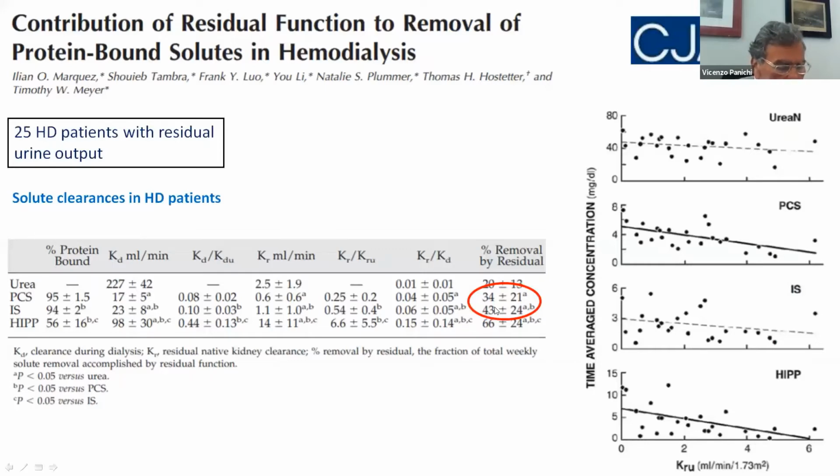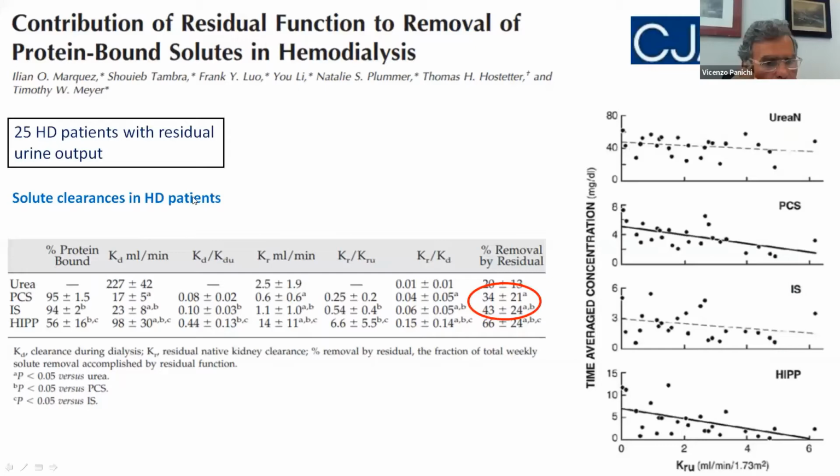Why are these protein-bound uremic toxins so dangerous? They are dangerous mainly for two reasons. The first one is that they are associated with a shorter renal survival. Here you can see two populations: the population with higher indoxyl sulfate and p-cresol levels showed a remarkable, significant decrease of renal function after follow-up.